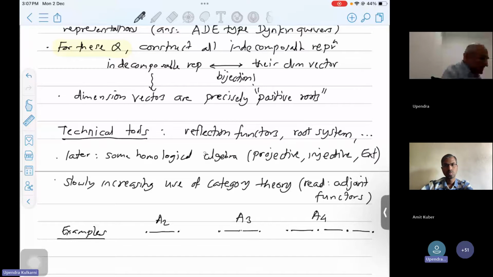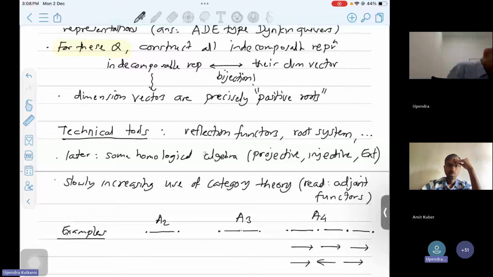Okay, so this is A3, A4. All right, let me try to repeat the question, and then we'll try to make sense of it. Suppose I take this orientation, and let's say I change this one maybe. So two different orientations. Are they related? I can ask you, in what way do you expect the relation?